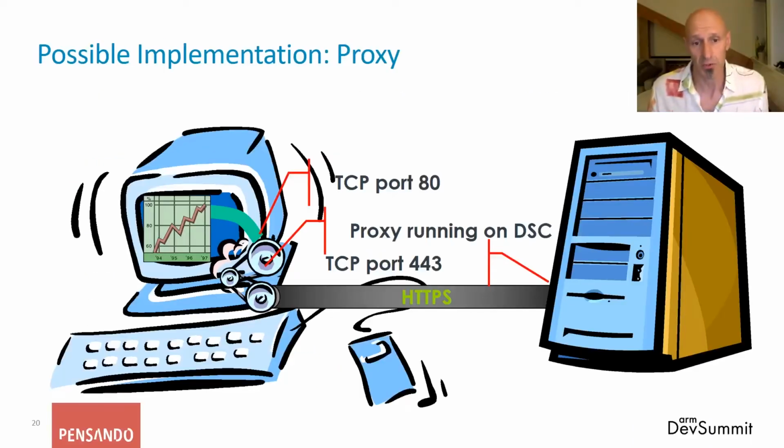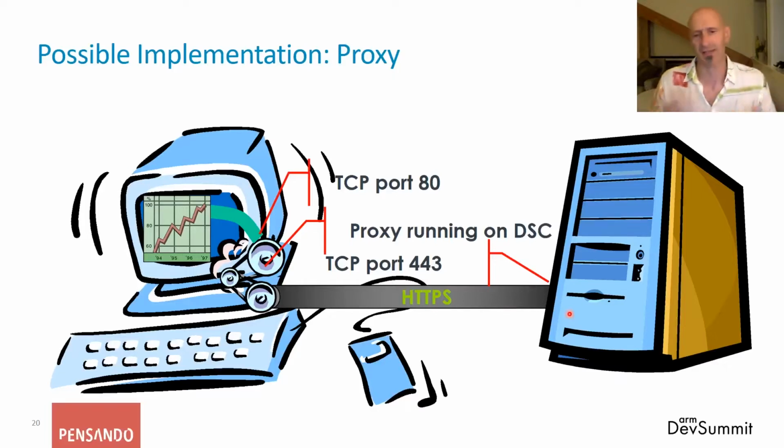How can we do the offload? One way is to implement a proxy in the DPU, or in our case, in the DSC itself, where applications use regular TCP to port 80, for example, and then the proxy receives connections to port 80 and translates them into secured, so TLS, connections to port 443.